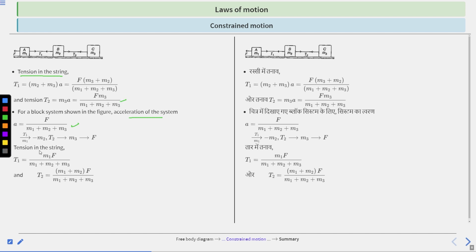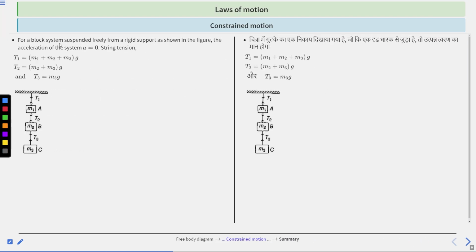So tension in this string, we can say T1 is equal to m1 F divided by (m1 plus m2 plus m3), and T2 is equal to (m1 plus m2) multiplied by F divided by (m1 plus m2 plus m3). So this is the tension T1 and this is tension T2. Clear?